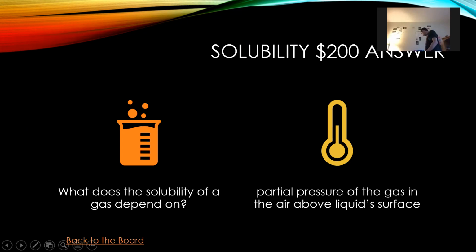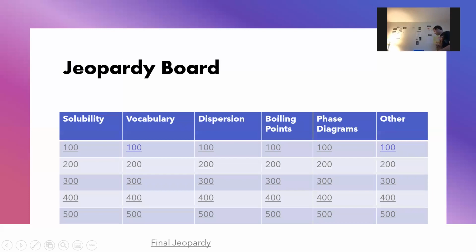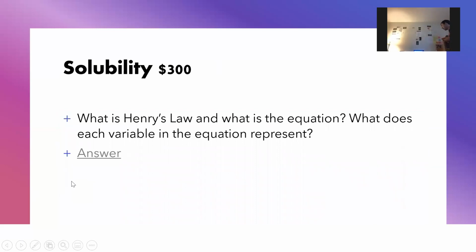Solubility 2 is set. Iodine, you have control of the board. Solubility for 3. What is Henry's law, what is the equation, and what does each variable in the equation represent?